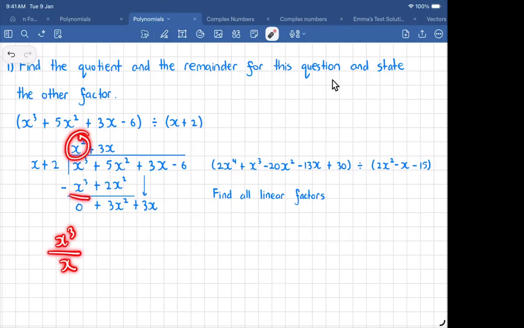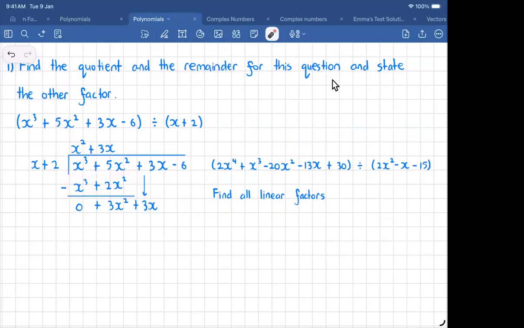And what else do I do? Look at what we ended up with. How did I get this? Then you do the 2 by the x squared.